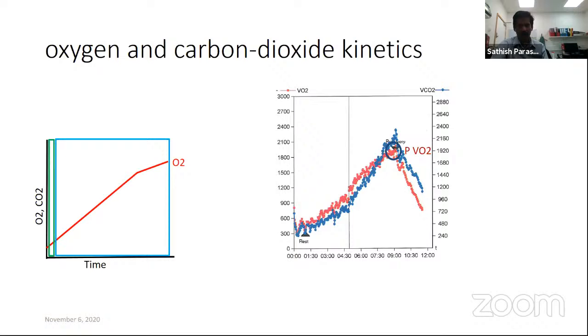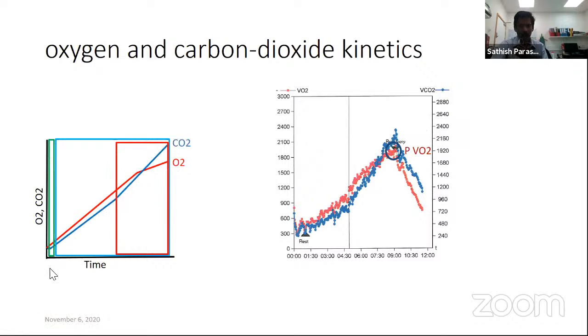In a symptom limiting exercise, when we increase the gradient or the speed of the exercise, we need a further source of energy, and that comes from the final heavy exercise. We need a little bit more energy, and that comes from anaerobic metabolism. That's in the final phase of the exercise.